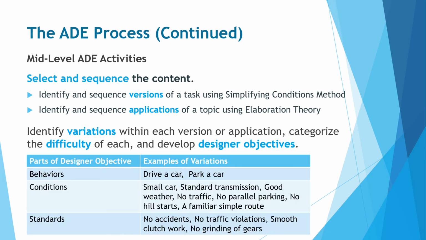Next, designer objectives are developed by identifying variations within each version or application and categorizing the difficulty of each. Variations exist in the desired behaviors, the conditions, and the standards, as shown here for the example of teaching someone to drive a car.